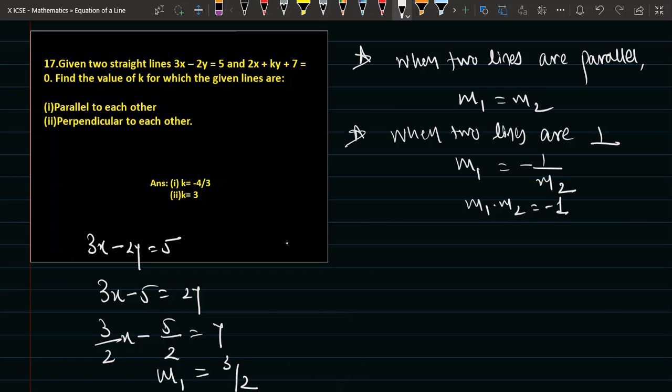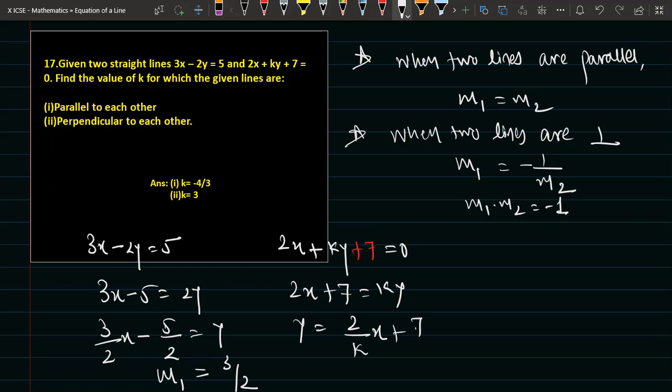Now the second equation, which is 2x plus ky plus 7 is equal to 0. So this becomes 2x plus 7 is equal to minus ky, and y is equal to minus 2 by k times x minus 7 by k.